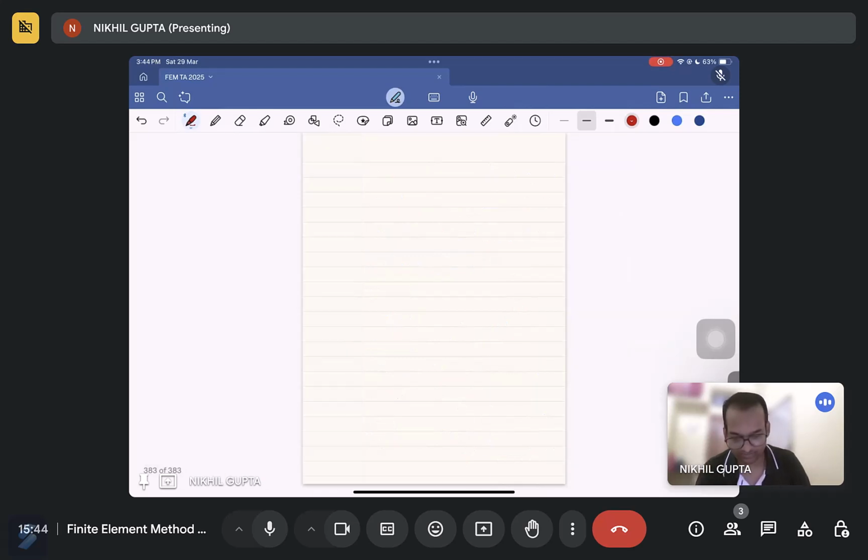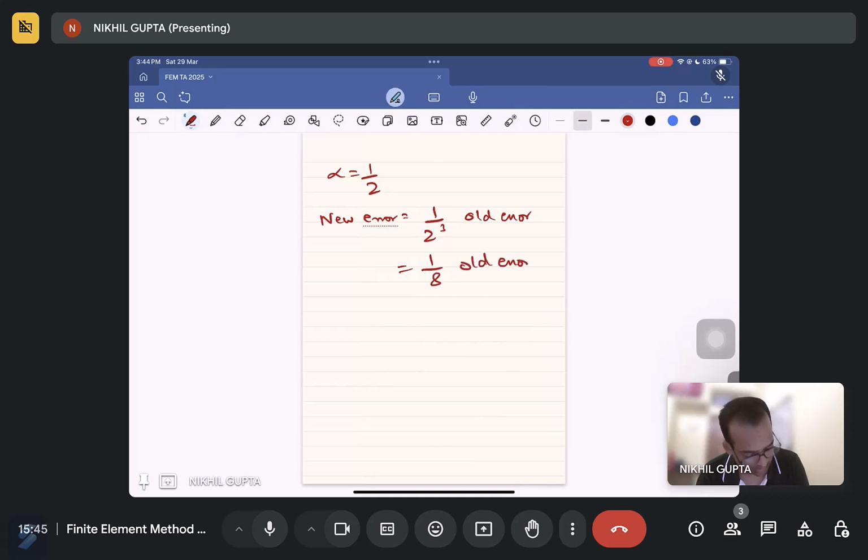So let's say we have taken alpha as 1/2. So this new error will reduce to 1/2 cube of the old error. This old error and new error is clear? The old error is when we are using h, now we are using h by 2.